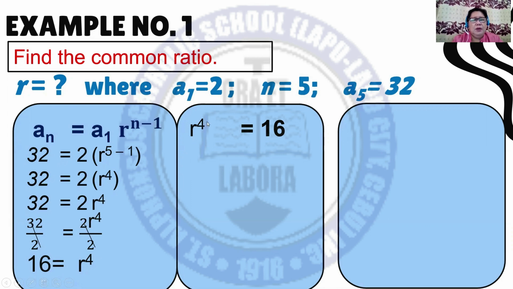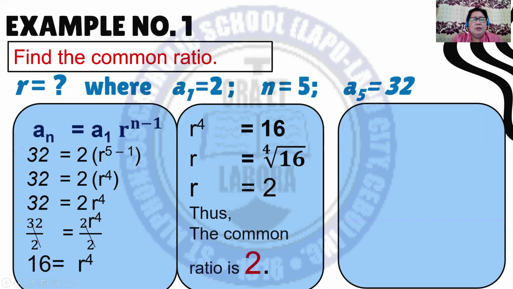R exponent 4 is equal to 16. Extract the fourth root of r raised to exponent 4, and extract also the fourth root of 16. So r is equal to 2. The fourth root of 16 is 2. Thus, the common ratio is 2.